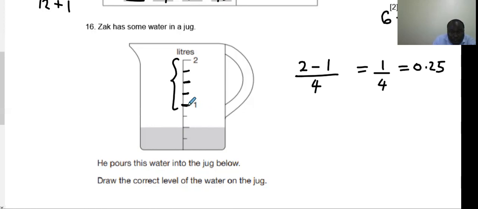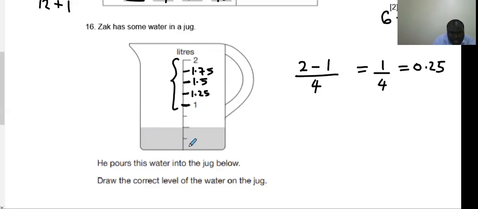So from 1, you add 0.25, this will be 1.25. Again, you add 0.25, this will be 1.5. And from here, this will be 1.75. And from here will be 2. Now, we can come to conclude the volume of this water.